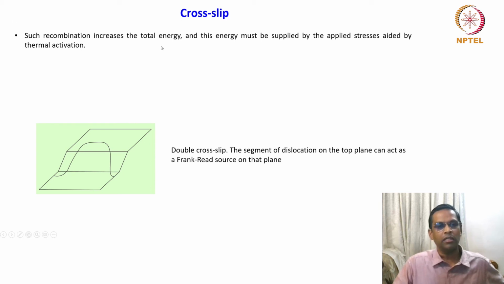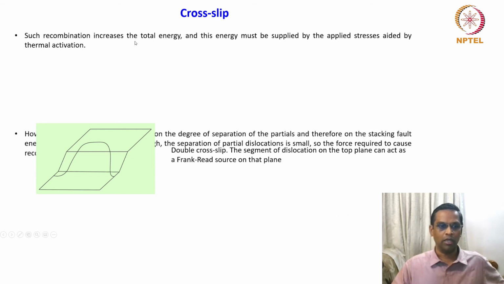Such recombination increases total energy, and this energy must be supplied by the applied stress aided by thermal activation. In the previous description, recombining of these two partials will increase the total energy.